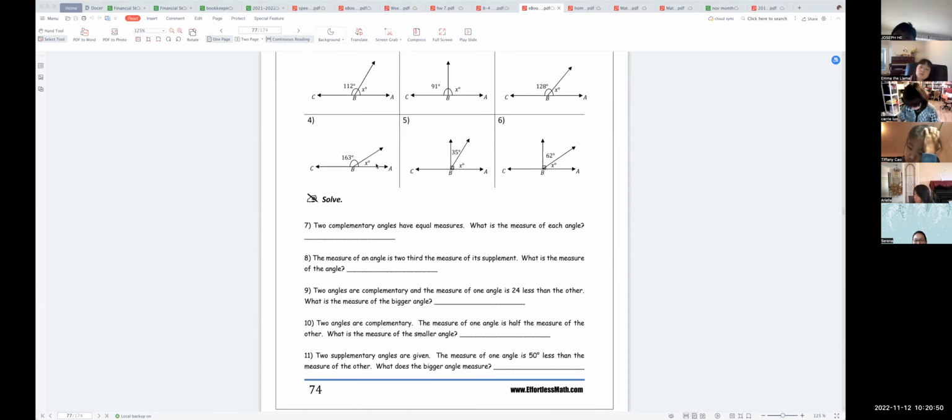The measure of an angle is 2/3 of the measure of its supplement. What is the measure of the angle? So let's take a look at this one, okay? The measure of an angle is 2/3 of the measure of its supplement. What is the measure of that angle?